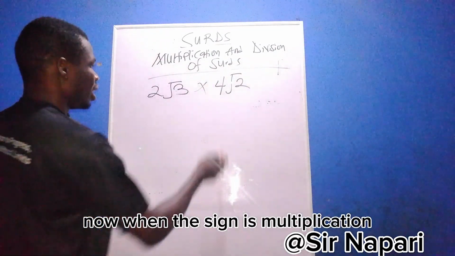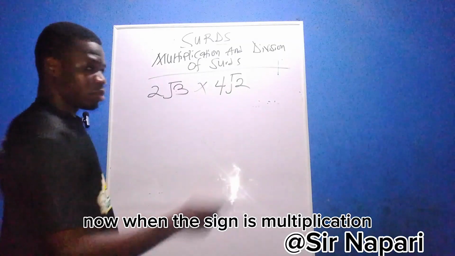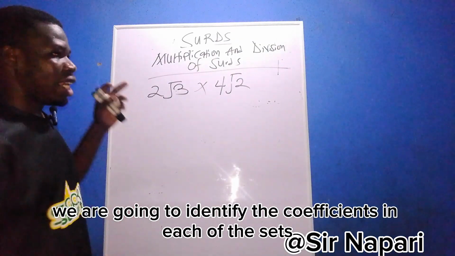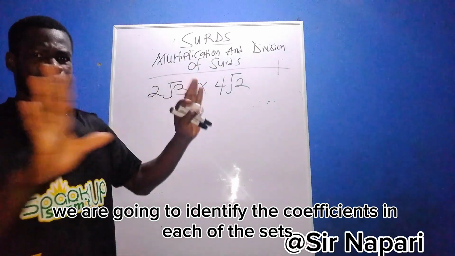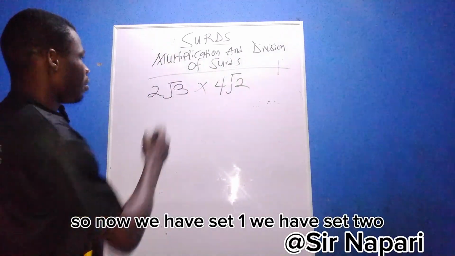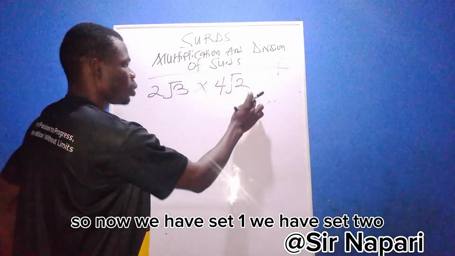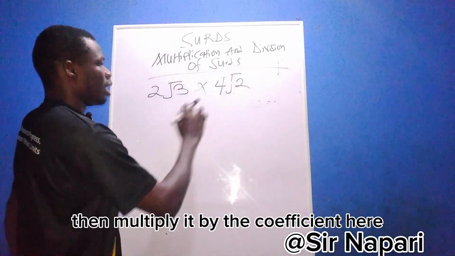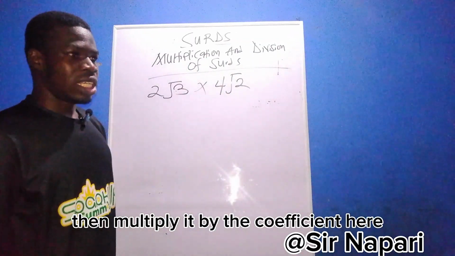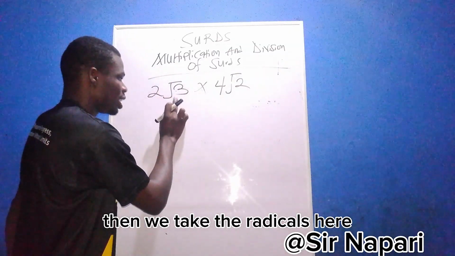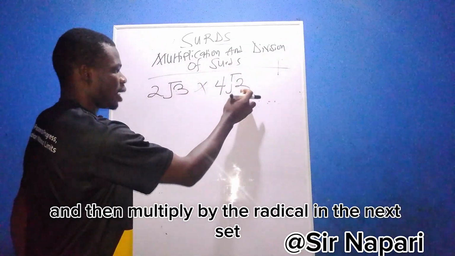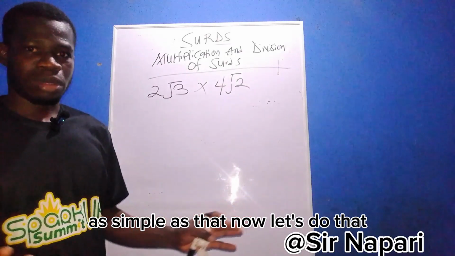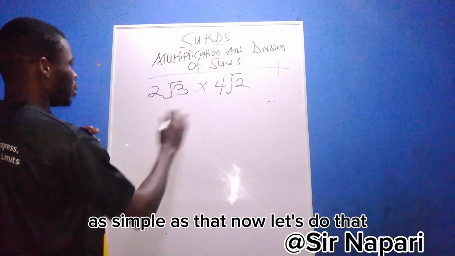When the sign is multiplication, to simplify it, we identify the coefficients in each of the surds. So now we have surd 1, we have surd 2. We identify the coefficient here, then multiply it by the coefficient here. Then we take the radicand here and multiply it by the radicand in the next surd. As simple as that.